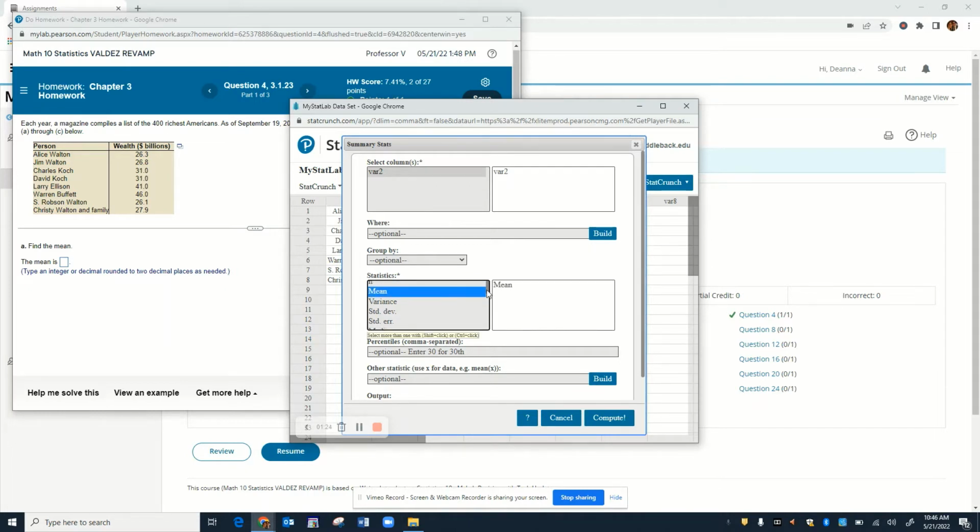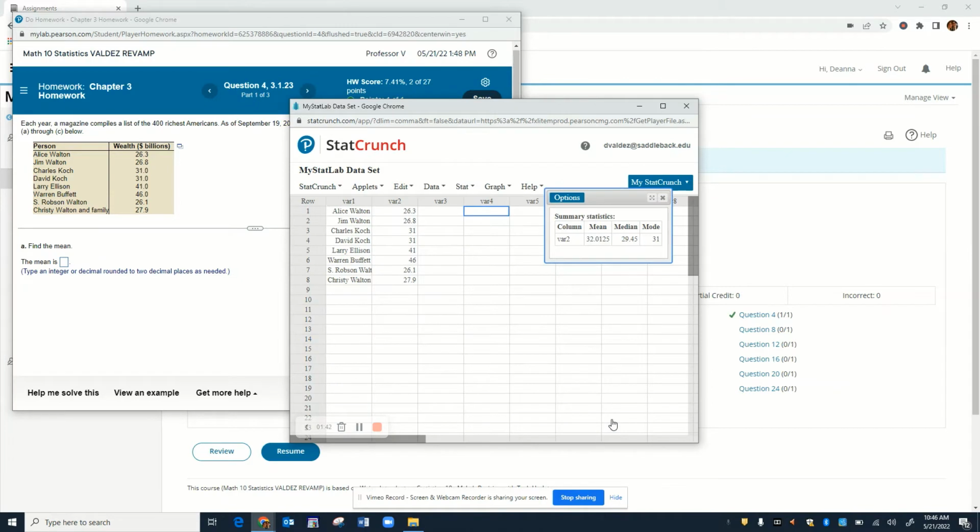I also want the median. So to select more than one, I'm just going to hold down Control and then click median. And then if you scroll all the way to the bottom, there's where the mode is. So hit Control and then click mode. So it's going to compute all three of these for me. And then I just select compute. Bam. So there it is. There's my mean, median, mode.